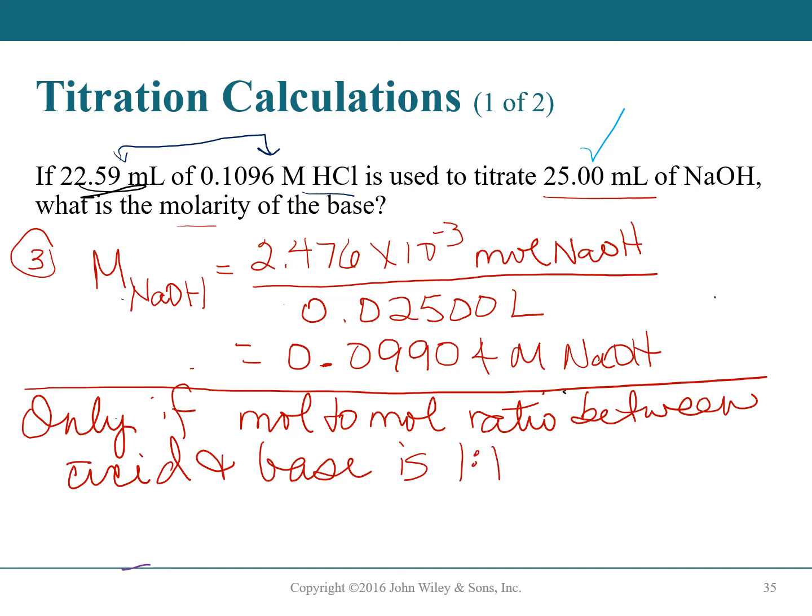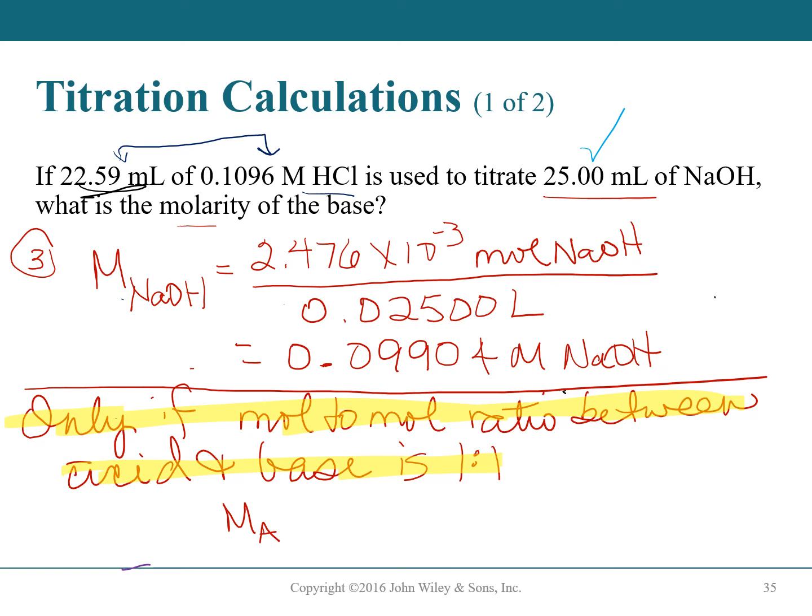If not, you cannot use this. This is essential. Only if the mole to mole ratio between the acid and base is 1 to 1, like what we saw with hydrochloric acid and sodium hydroxide, then you can use the equation.